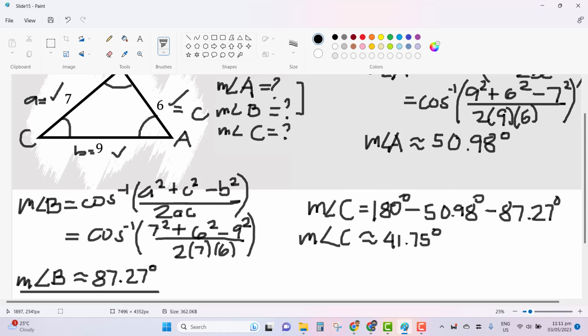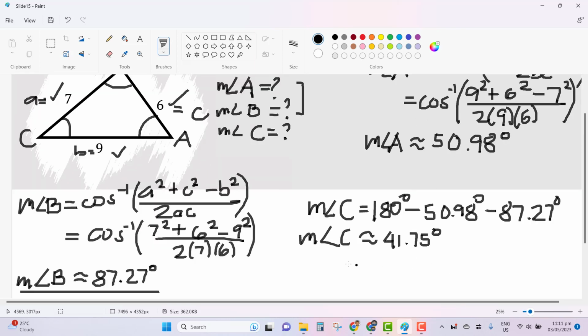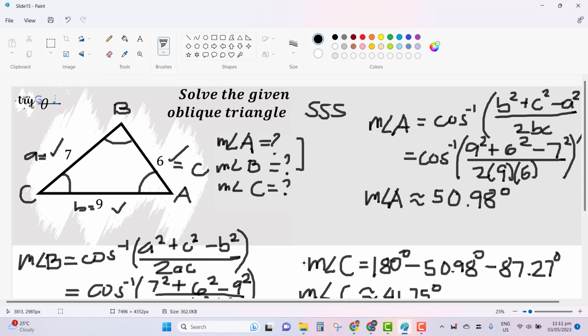That would mean side B should be the longest, 9 versus 7 versus 6. And looking at the sides, 6, which is your side C, being your shortest side, it would support that the measurement of angle C, 41.75, is your smallest angle. This is how we solve this given SSS oblique triangle.